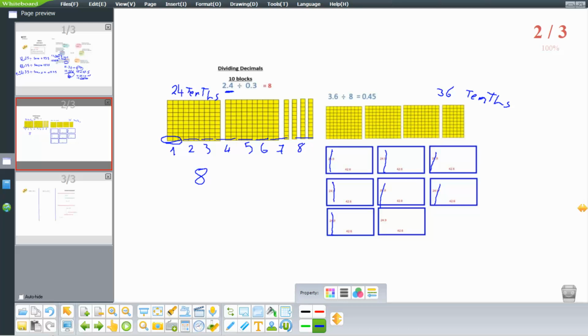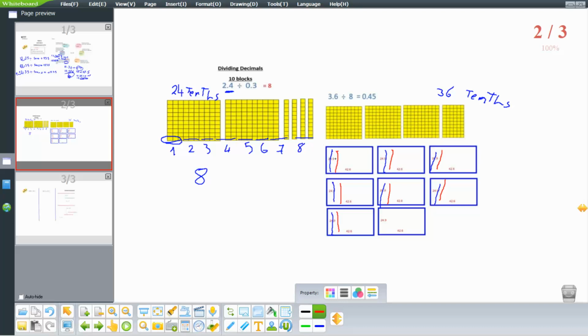Okay, let's take another color. Okay, and here, 1, another 1, 2, 3. Okay, now we take how many?